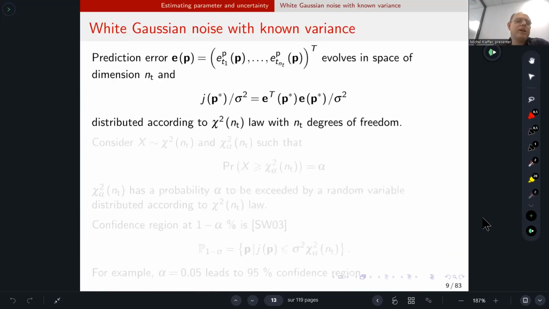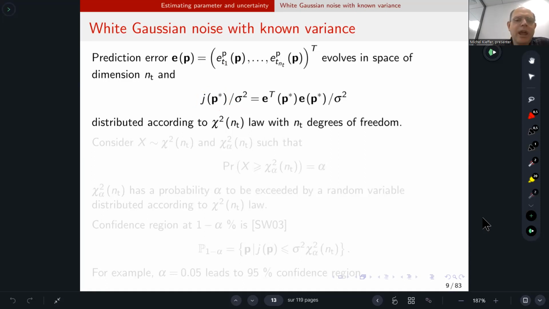But we can clearly be more precise than that. If we consider the vector of the prediction error, we know that this vector evolves in a space of dimension nt. We have nt components. And now if I consider the value of the criterion divided by sigma square, I normalize the value of my criterion.